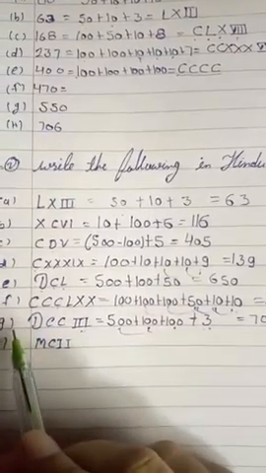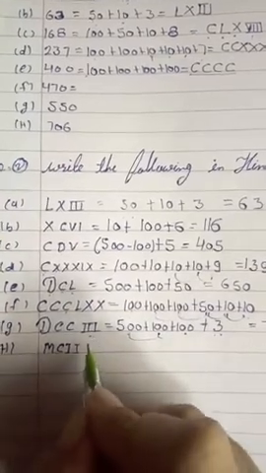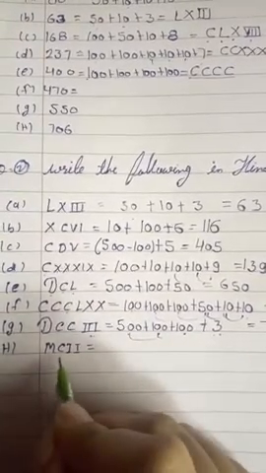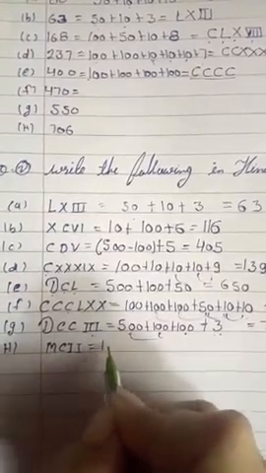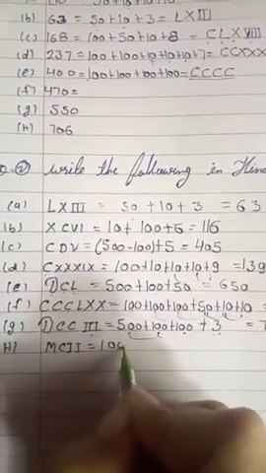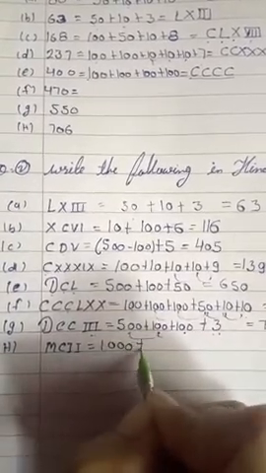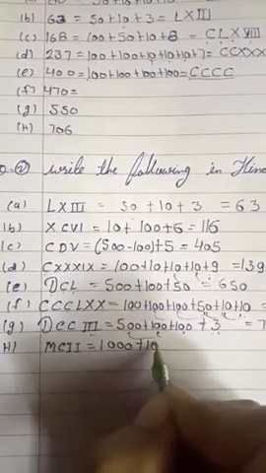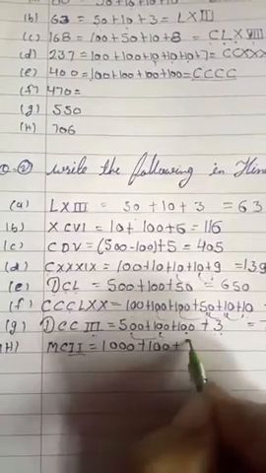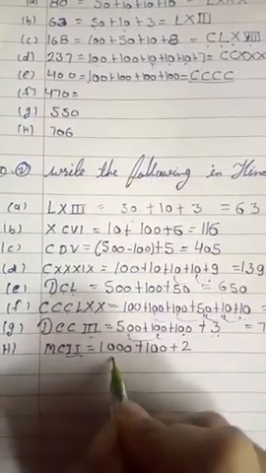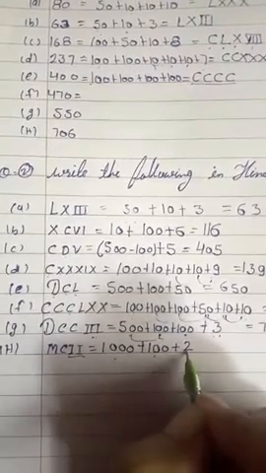Complete G. Next H. M, C, I, I. We know that M is the symbol of 1000, C is the symbol of 100, and last is 2.